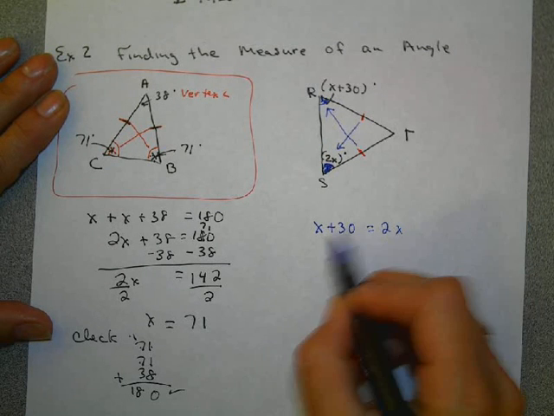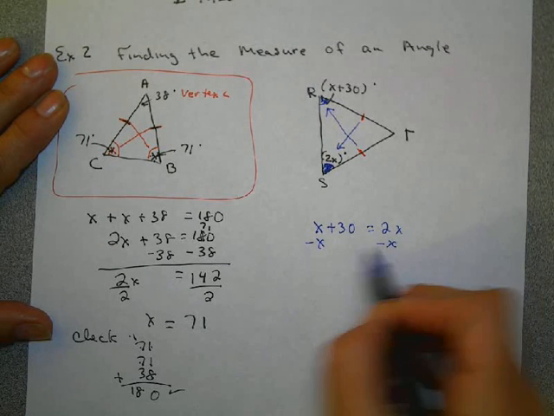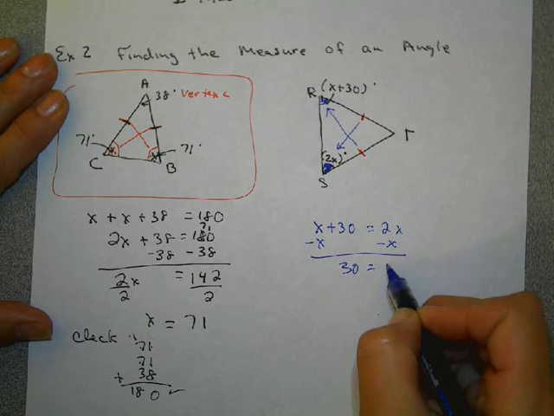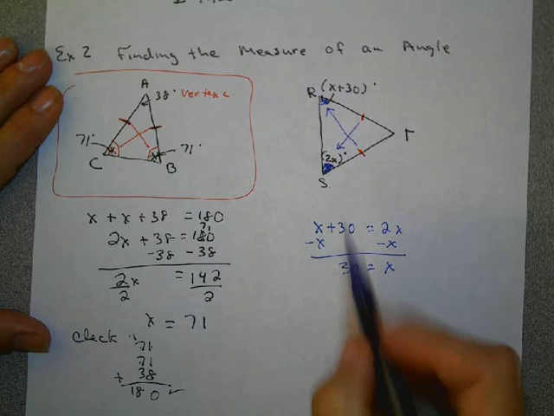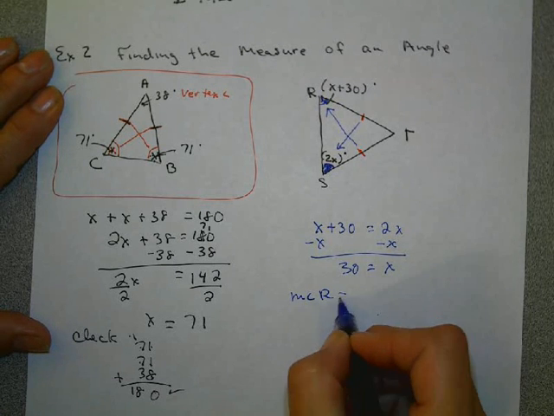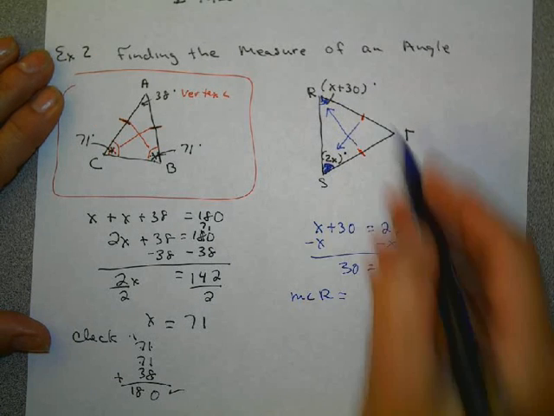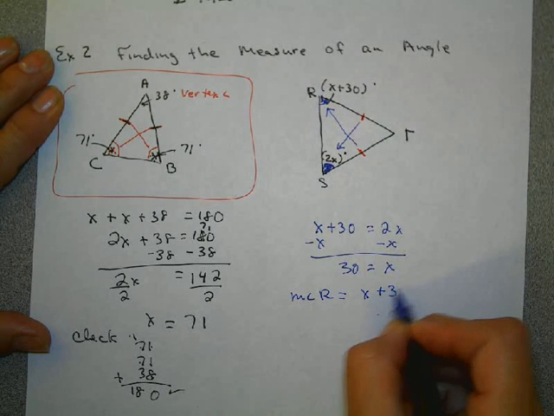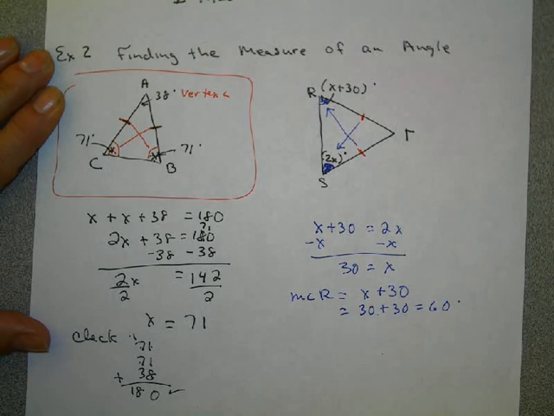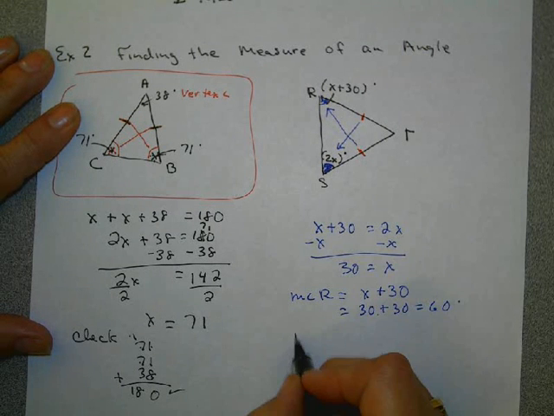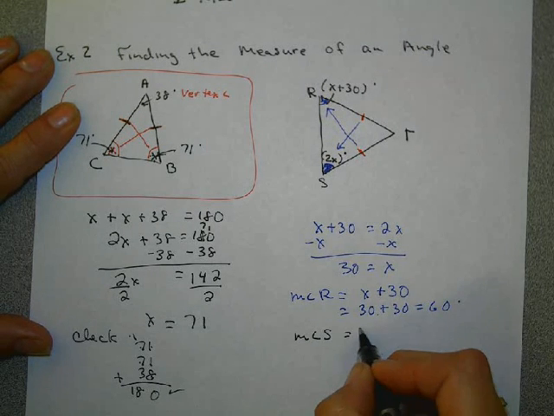Well, that doesn't tell me my angle, though. So that means the measure of angle r equals, and I have to come back up here, get my expression, x plus 30. So I'll write 30 plus 30, and I'll get 60 degrees. I'm going to check the measure of angle s. That's going to be 2x, so that's 2 times 30, and that's also 60 degrees.